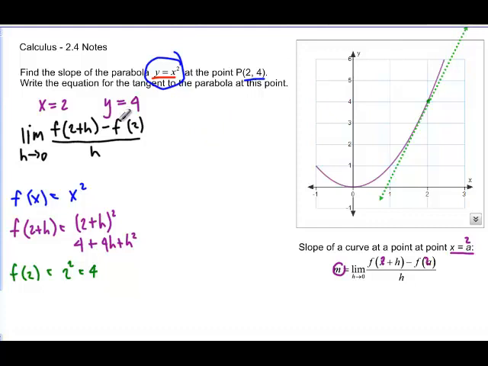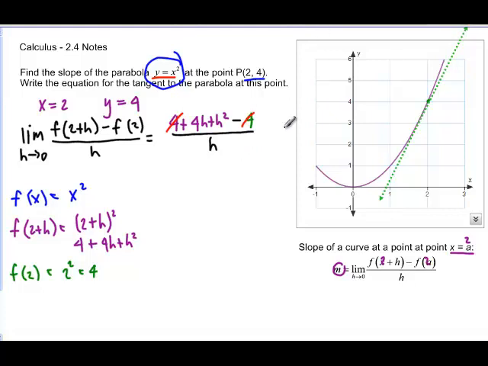When we set this limit up, then, we're going to have f of 2 plus h, which is this purple guy, minus f of 2, which is the green guy, all over h. Now, we'll know that we have set this up correctly when we cancel some things out, and all we have is 4h plus h squared.